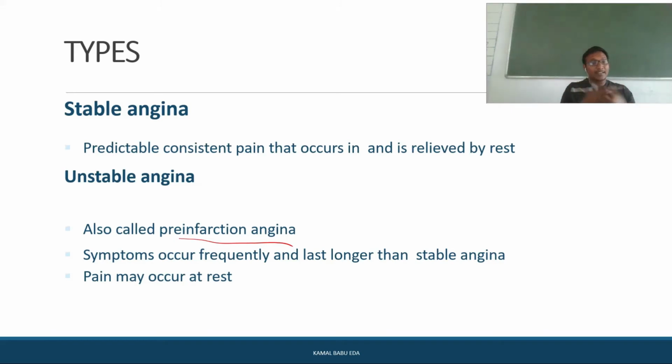But in unstable angina, the symptoms occur more frequently and stay longer, and the pain can also occur during rest, whereas in stable angina the pain disappears when the person is at rest.